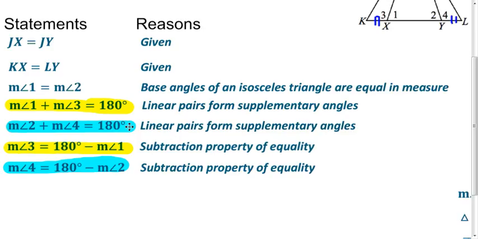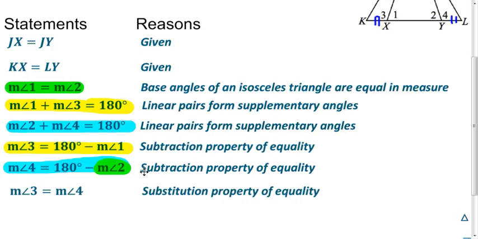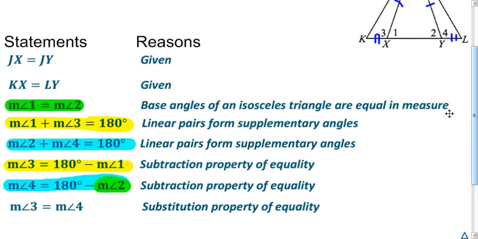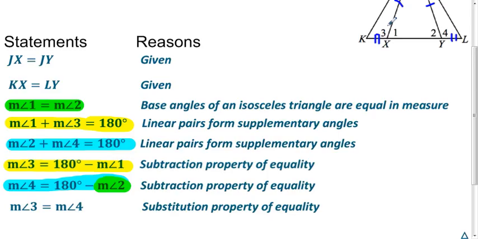So if we use substitution a few times, all we do is replace the measure of angle 1 with the measure of angle 2, and replace the measure of angle 2 down there with the measure of angle 1. And so measures of angles 3 and 4 are equal. That's just by doing substitution a couple times. And so now we have congruent triangles.